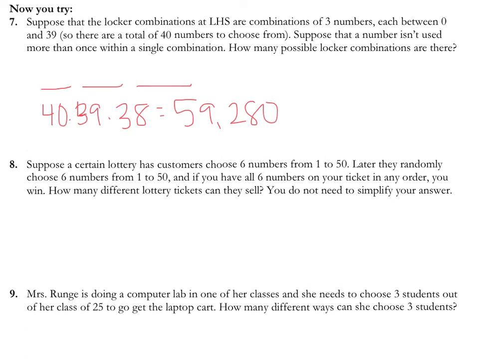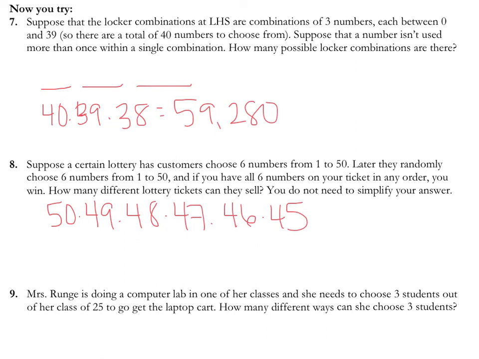So for the second problem, we're talking about lottery tickets. So suppose that on a lottery ticket you're picking 6 numbers from 1 to 50. I didn't write this in the problem, but suppose that you can't use the same number more than once. So then there's 50 possibilities for the first number, 49 for the next, 48 for the next, 47 for the next, then 46, and 45.